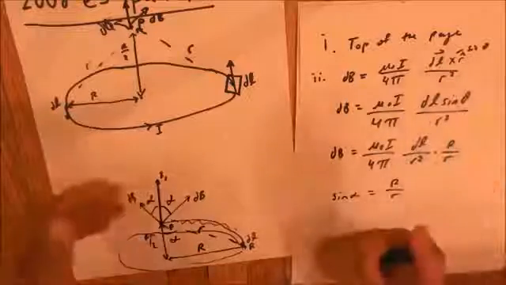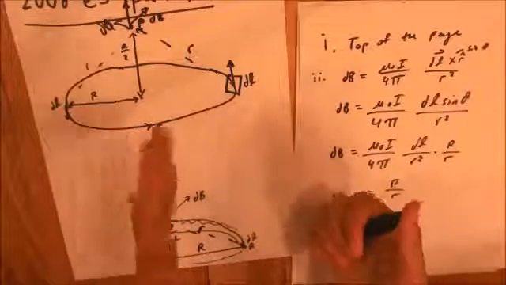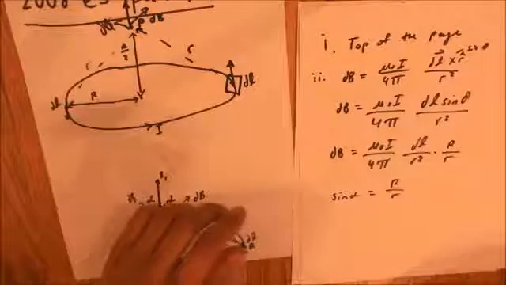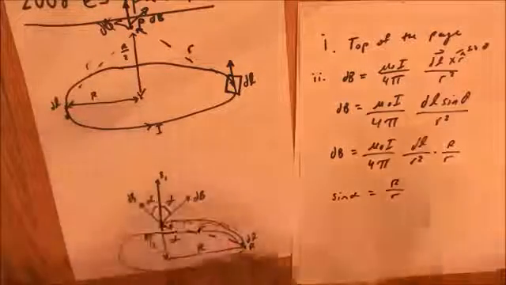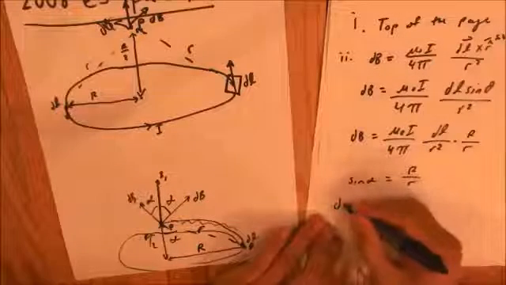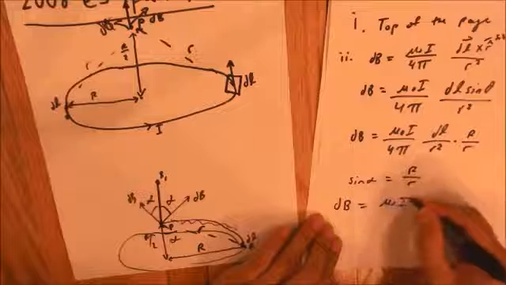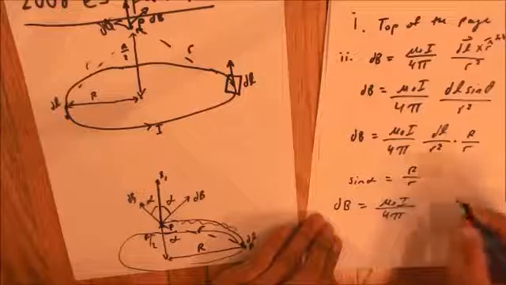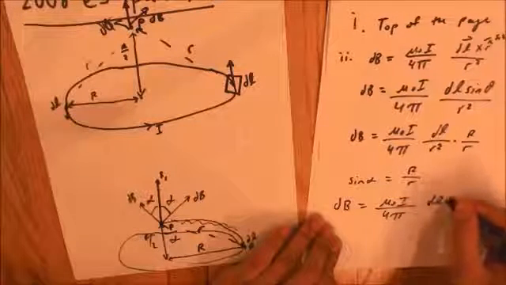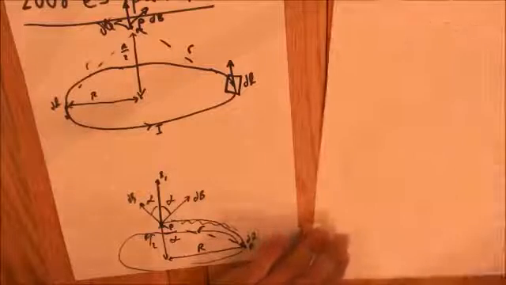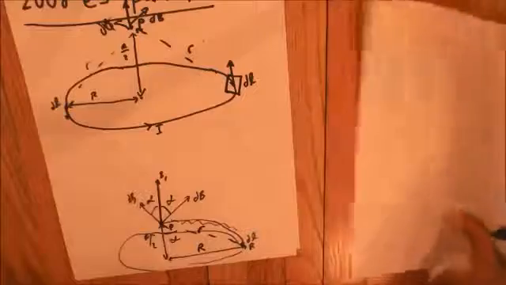So that means we're taking into account that angle there, which means that B1 will just be going in the vertical direction. So then you can say dB is going to equal mu naught I over 4 pi dl r over r cubed, just combining the terms.